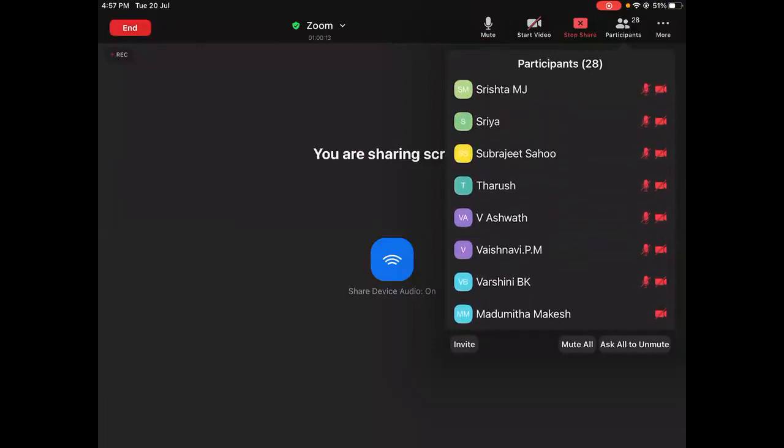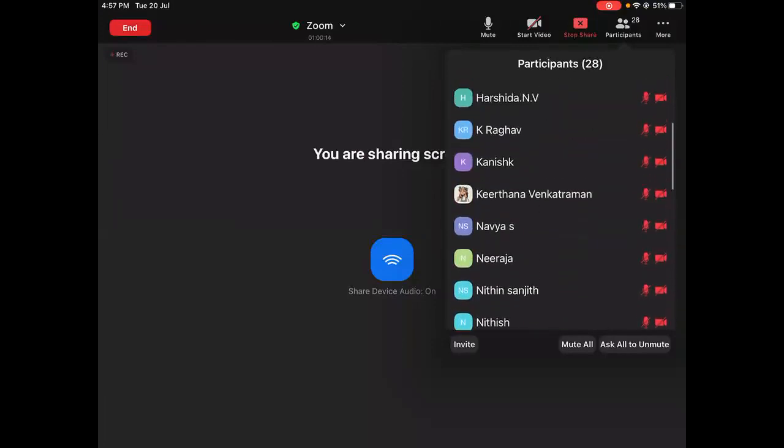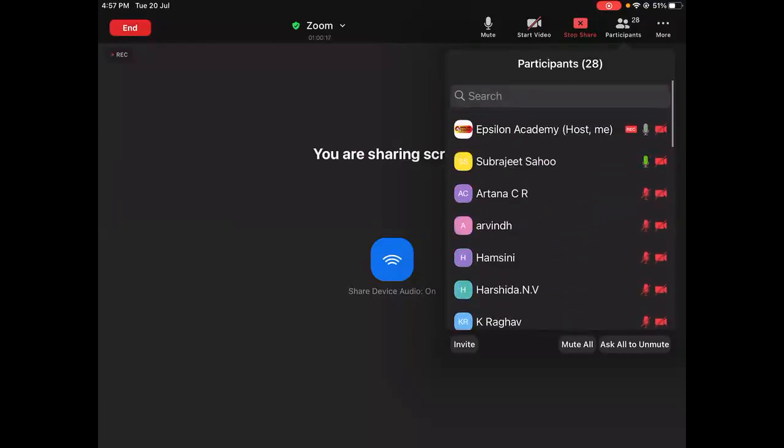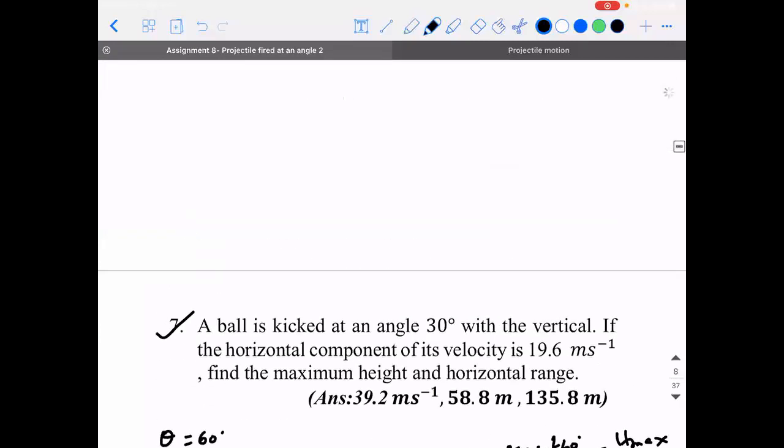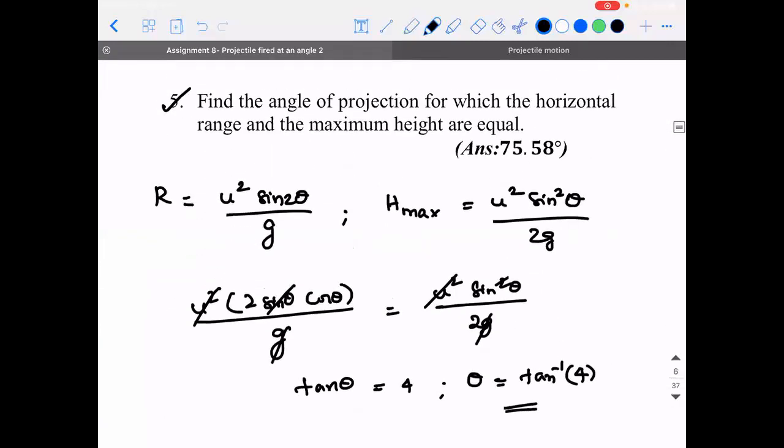Sir? Tell me. Sir, could you show the fifth sum, sir? One second. Fifth or sixth? Fifth, sir. Sir, here it is cos theta upon sin theta, right?